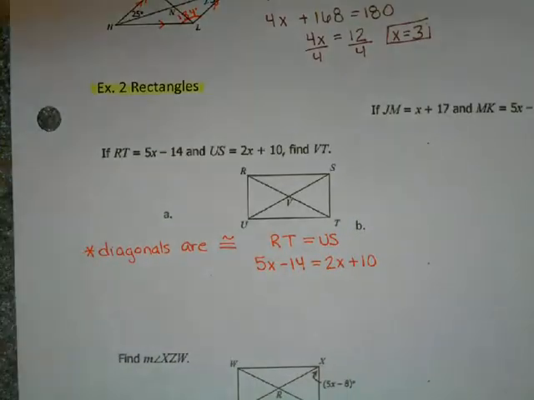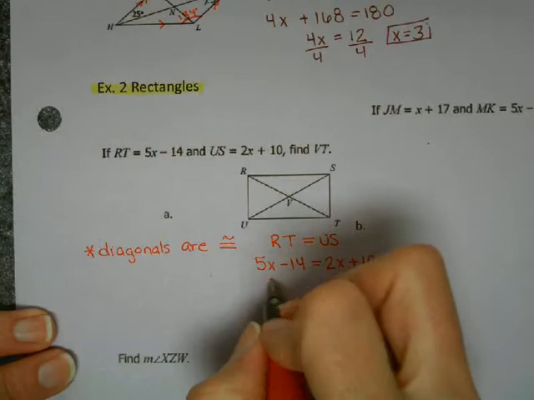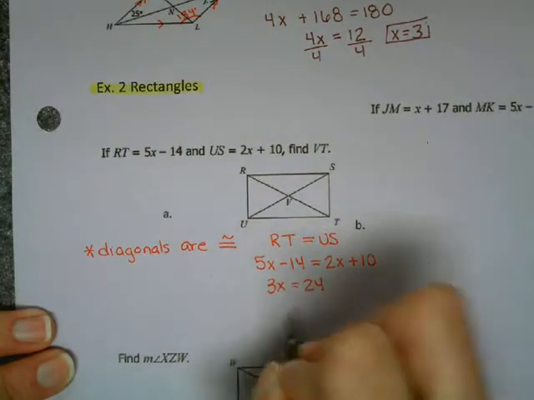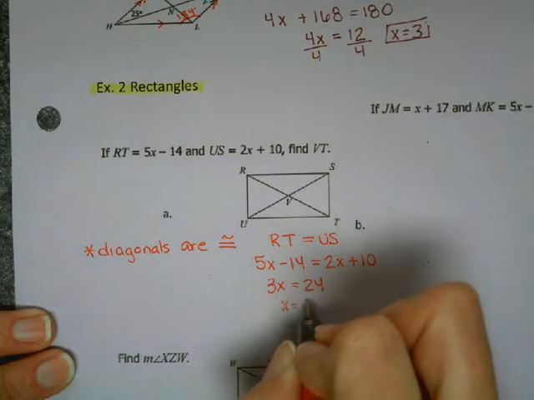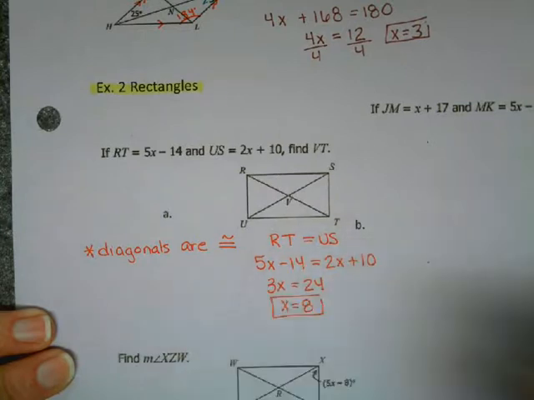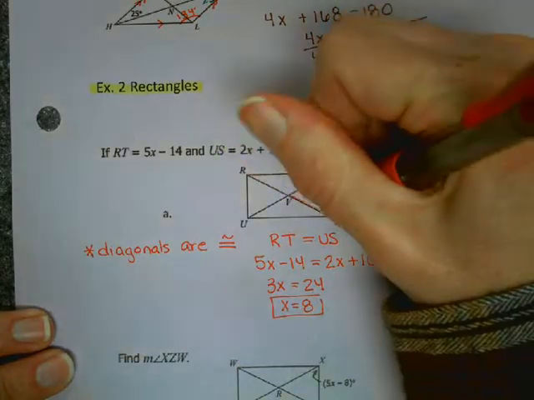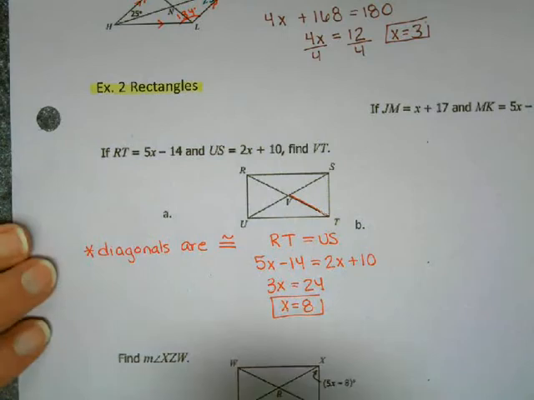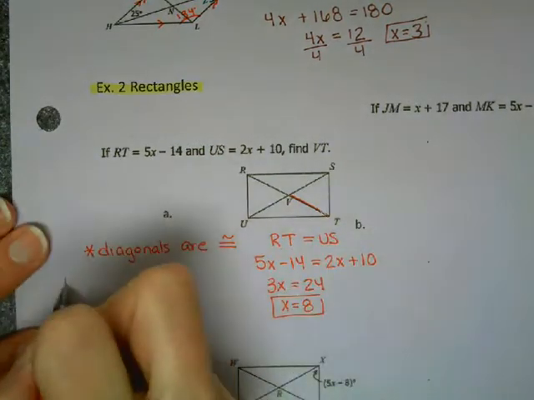We do have to solve for x to find VT. Subtract and add the 14 over. Alright, so what they're wanting us to find is VT, just from here to here. Okay, so let's figure out what a whole diagonal is. So like RT.